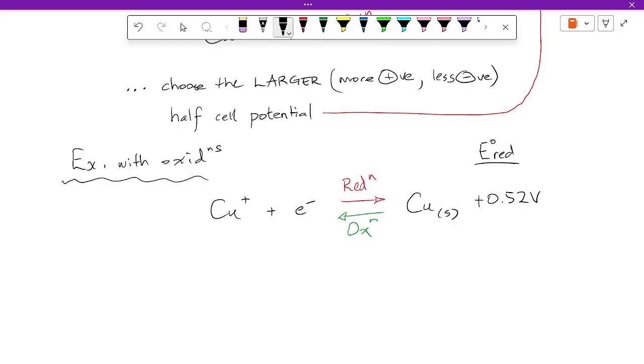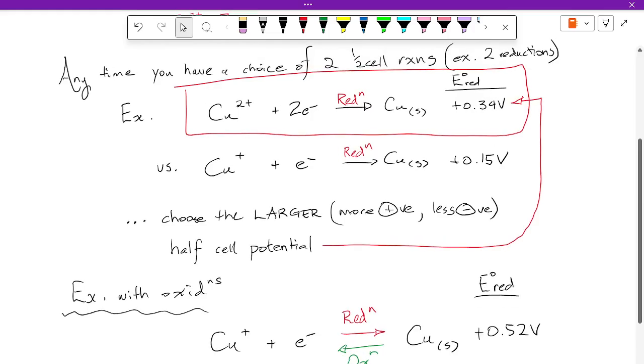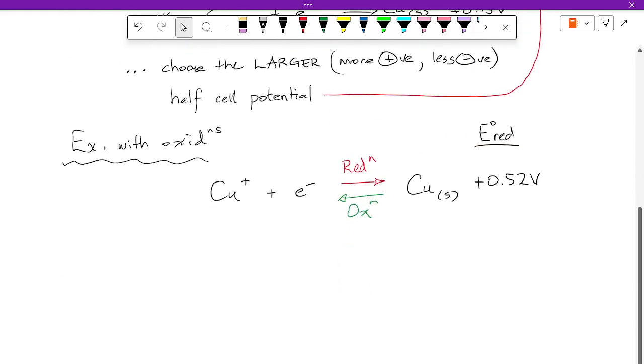Now we also have the reaction that we had up here with the copper 2+ going to copper solid, Cu2+ plus an electron forward. I wanted to write this in red.